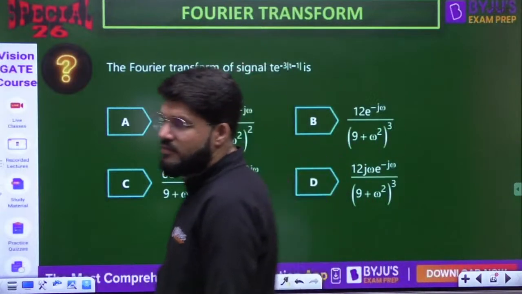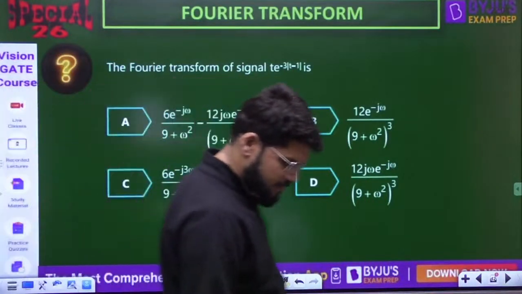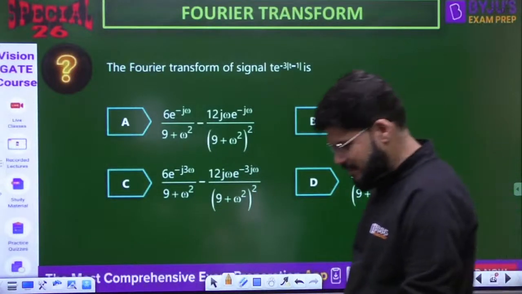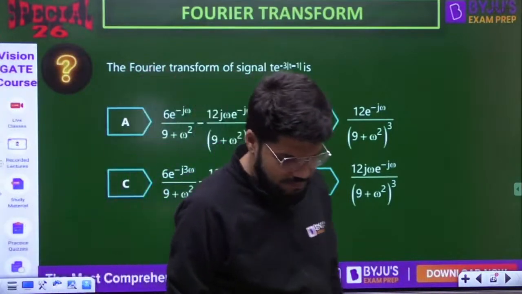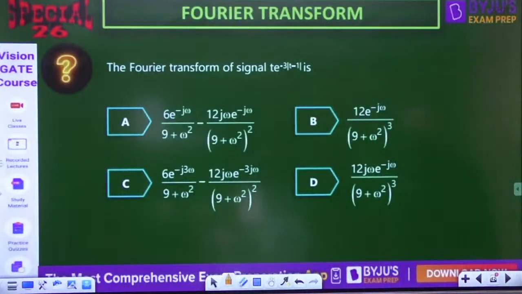The Fourier transform of the signal t e^(-3|t-1|).